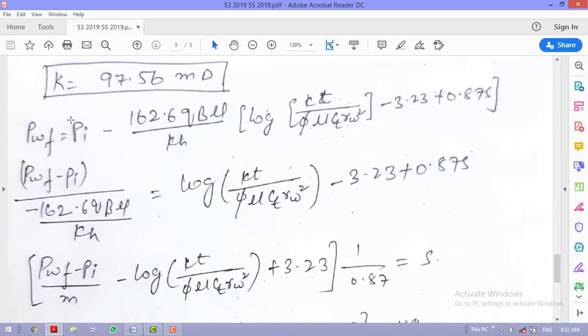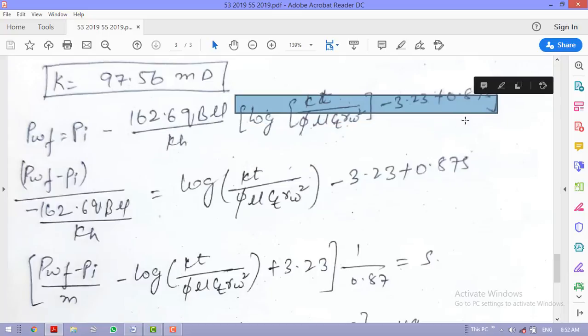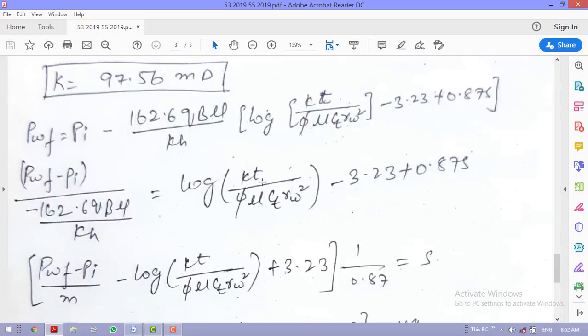I have shifted the Pi, the initial reservoir pressure, to the left hand side, which becomes PWF minus Pi divided by this factor, which was in multiplication with the whole term. That becomes a division, which is minus 162.6 QB mu by KH, equals log of KT by 5 mu CT RW square minus 3.23 plus 0.87 S.